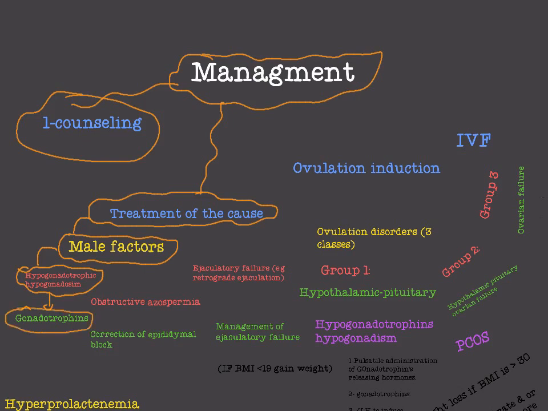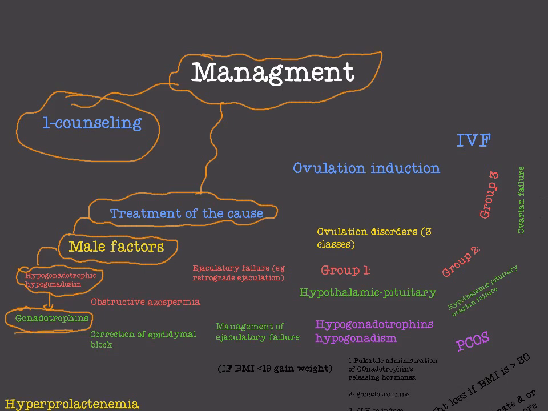Hypogonadotrophic hypogonadism means that there is some hormonal imbalance. There is no gonadotrophin to stimulate the gonads to make the hormones. So we solve this problem by giving gonadotrophins.